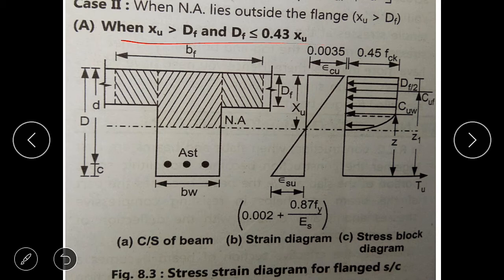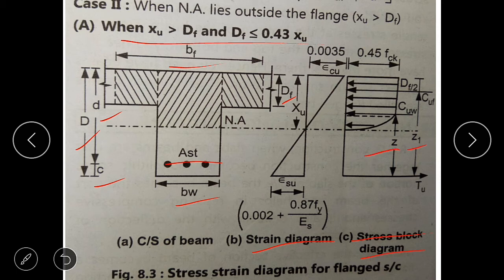Here bf is the width of flange, D is the overall depth, small d is the effective depth, C is the cover, Ast is the area of steel on the tension side, bw is the width of web, Df is the depth of flange. And here the strain diagram and stress block diagram are given.